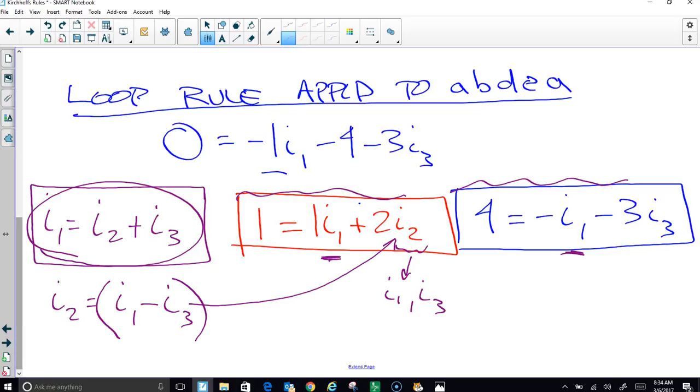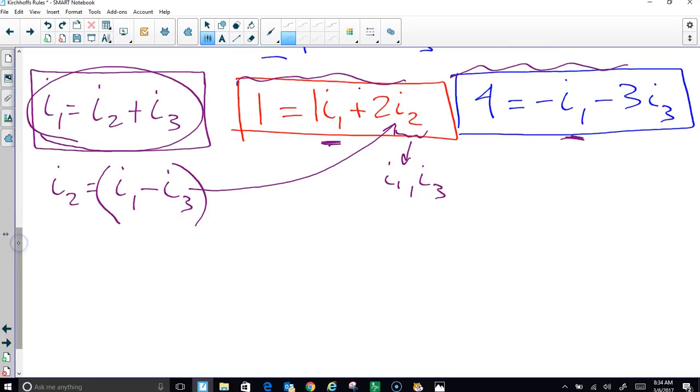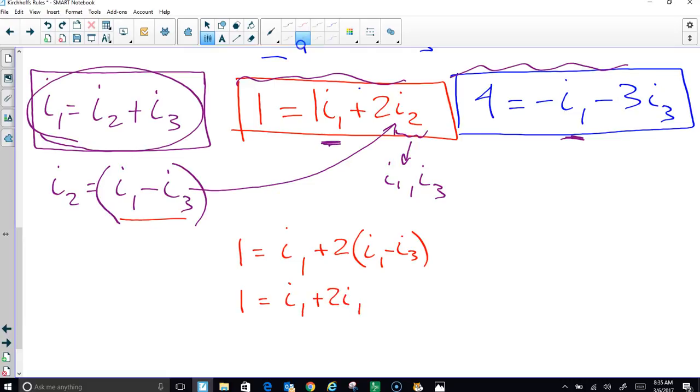So let's take a second, and we'll substitute that in. So I got 1 equals I1 plus 2 times I1 minus I3. I'm going to take a second to clean that up. 1 equals 2I1 minus 2I3.